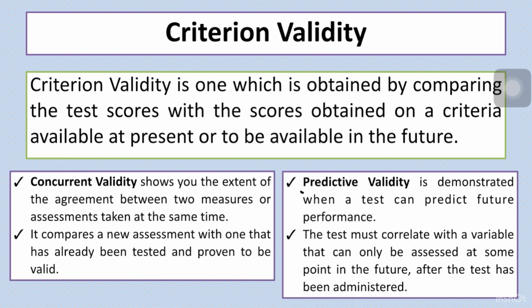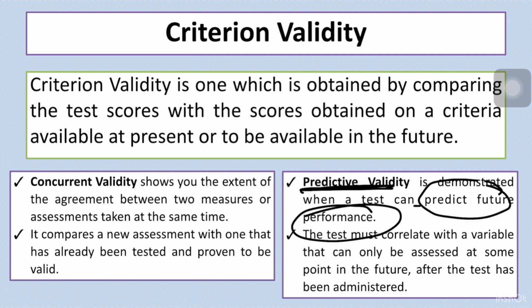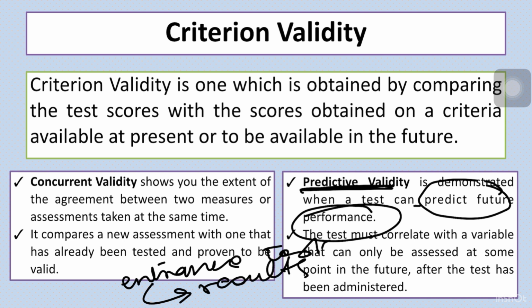And predictive validity demonstrates when a test can predict future performance. Now, if we take the entrance test of the student, the result of the entrance test tells us whether the student is going to perform well or not in the future, right?